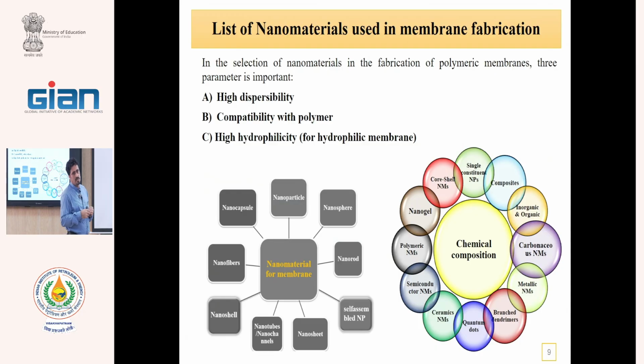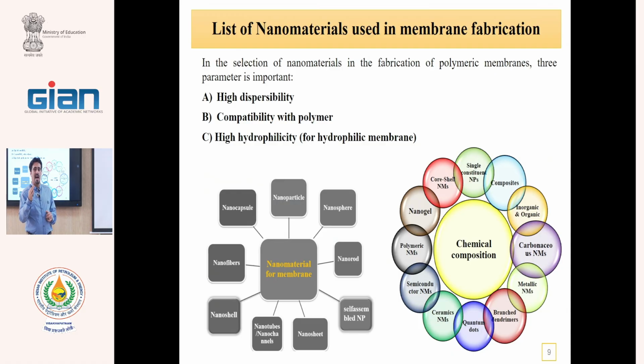These big particles cause defects in the membrane and reduce the rejection, or block the pores and reduce the flux. This compatibility and dispersibility in most cases is related to the nanoparticle concentration.